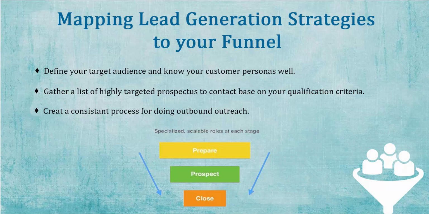Once you have defined your audience, now you need to collect data or reach out to all these target prospects, and basis their qualification and criteria, you make sure that you are connecting with them.